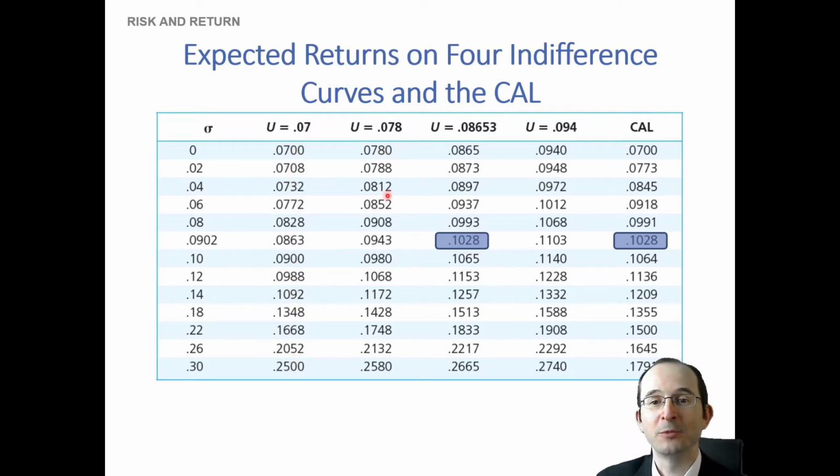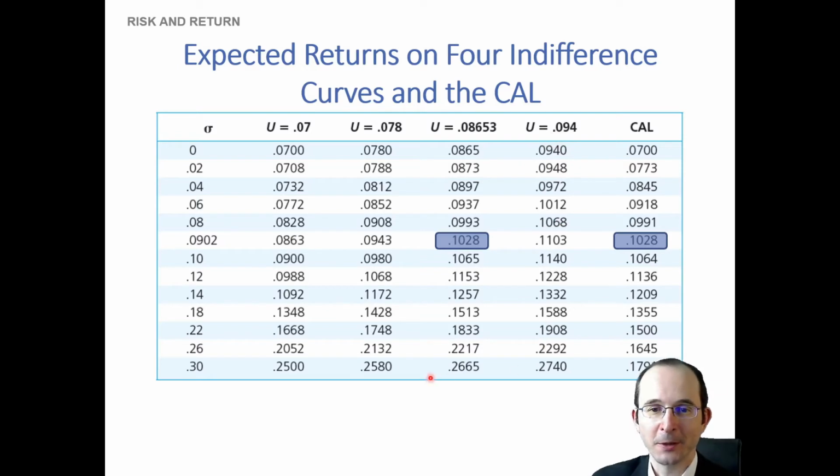Here are the risk premiums you would have to have such that at each level of volatility you have a somewhat higher indifference curve with a utility of 0.078. Here are the risk premia that you would have to have such that your utility is higher still at 0.086. And finally, here's the one that's highest of all. These are the risk premia you would need for each level of volatility such that your utility is constant at 0.094.